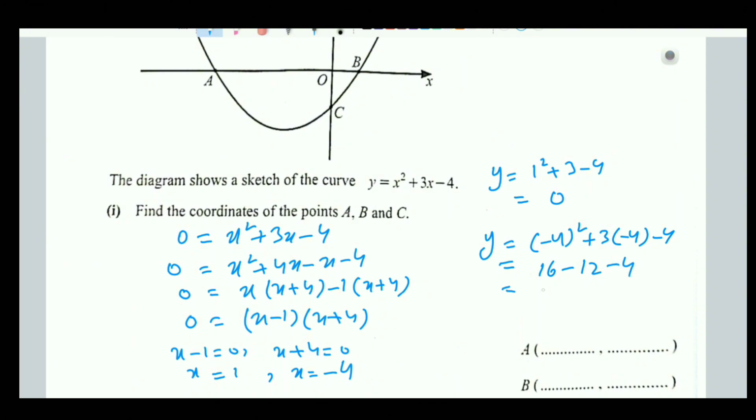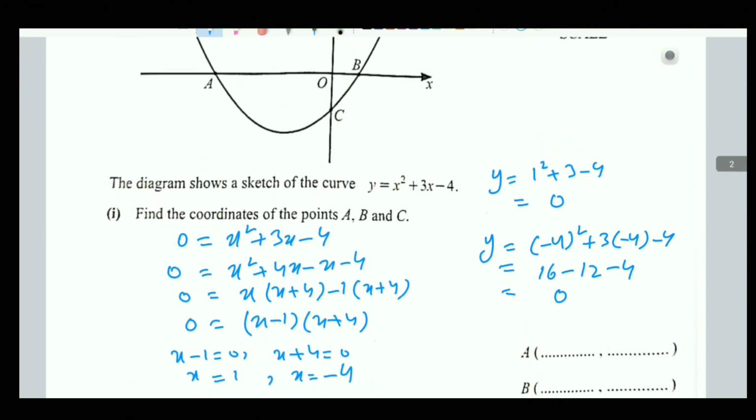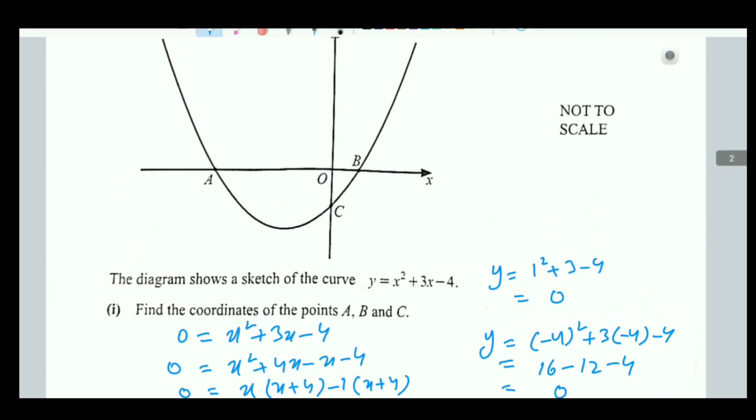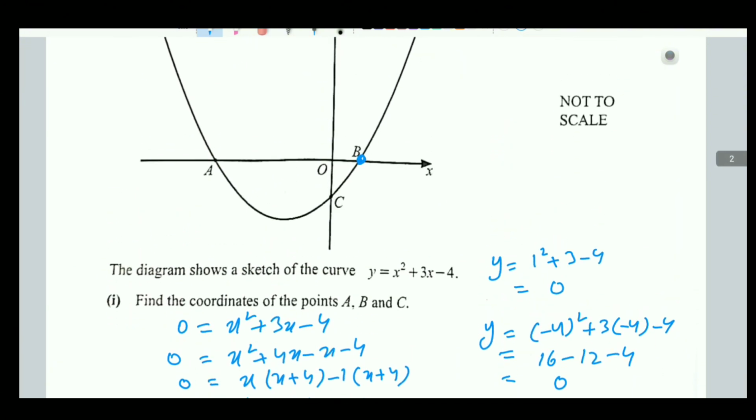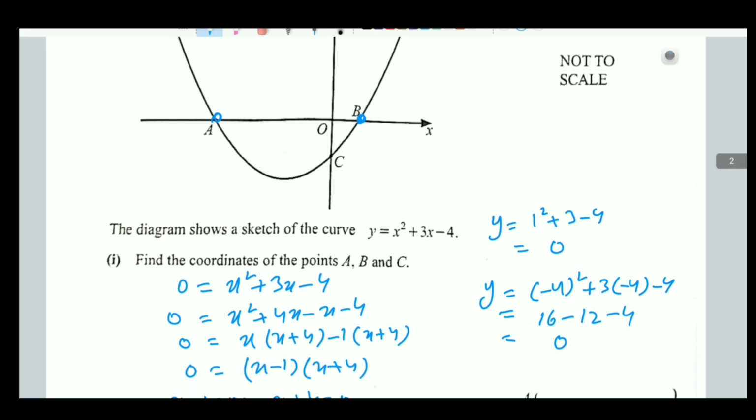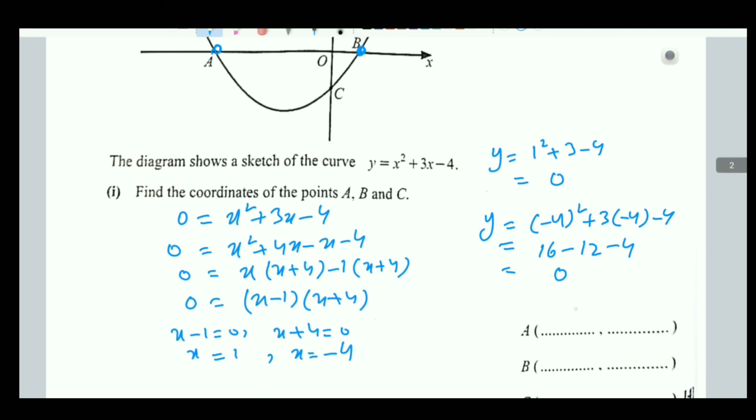So 4 minus 4 is 0. So x is positive 1, so this will be the coordinate of B, and x minus 4 is negative, so it will be the coordinate of A. So for the coordinates of A, we will write negative 4 and 0, and B will be positive 1 and 0.